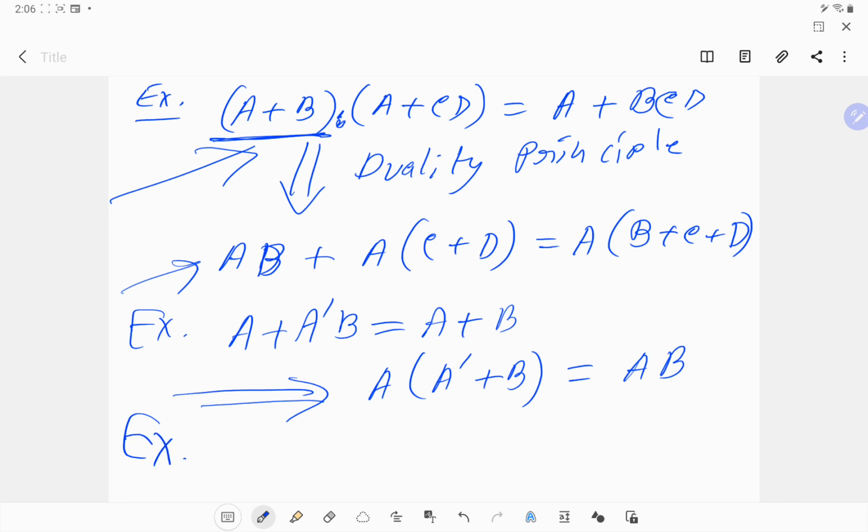Another example, A plus 1 equals 1. Then the dual version would be A times 0, where plus is replaced by times and 1 is replaced by 0, equals 0, where 1 is again replaced by 0.